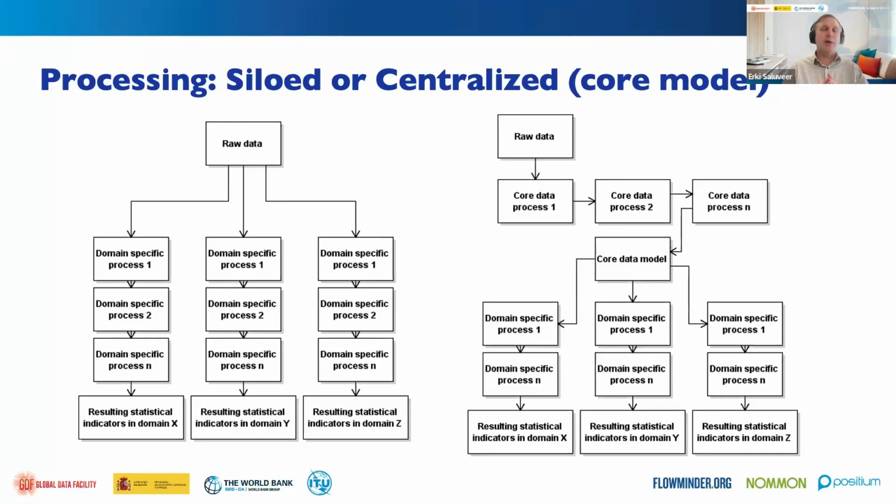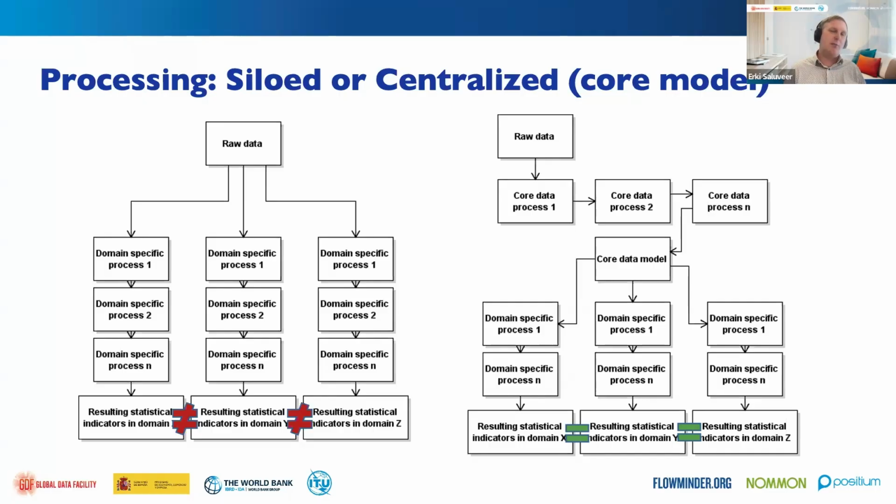But the distinction is that on the left side, the decentralized one, you have a methodology for each specific domain. For tourism, you have one methodology. For mobility and transportation, you have another model. The problem is that you end up with two different results that might no longer be comparable because they have different methodologies.